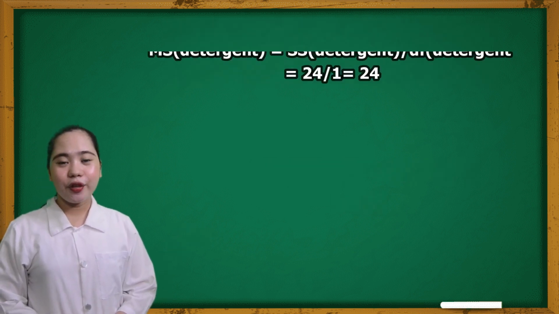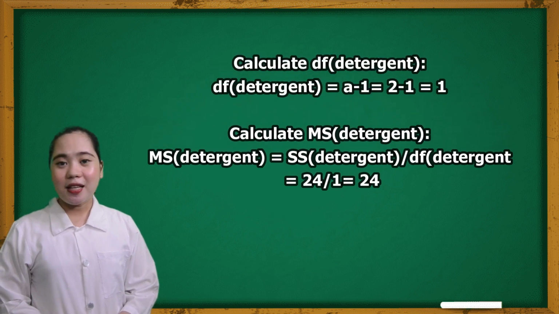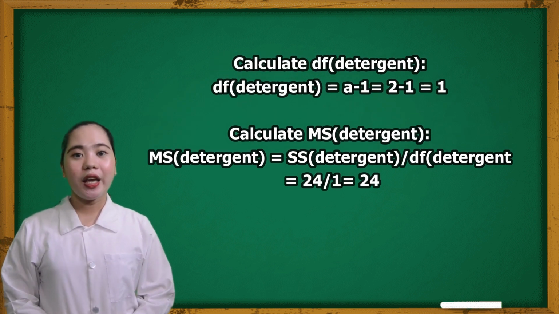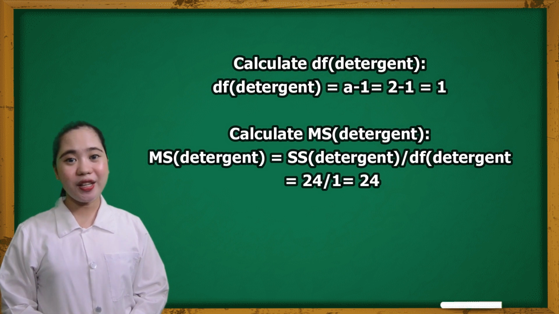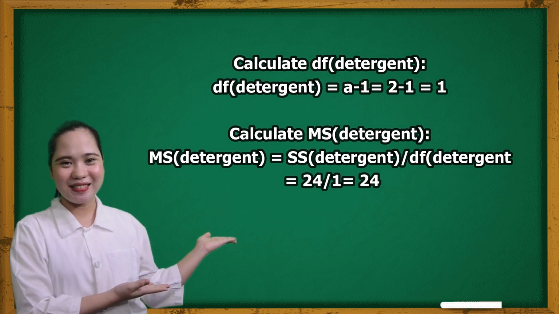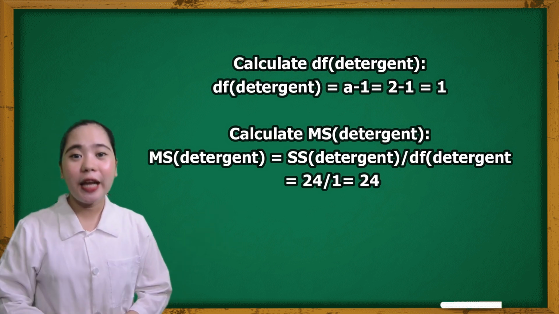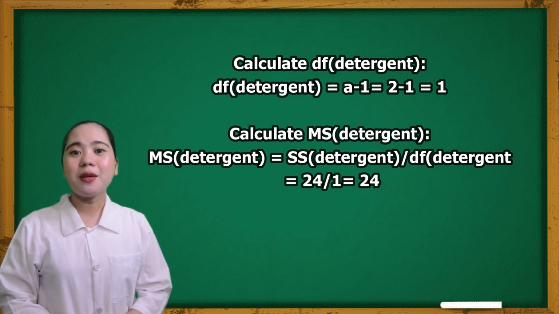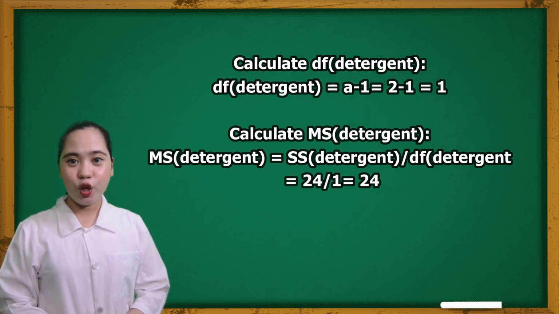Calculate the DF detergent. DF detergent is equal to A minus 1 equals 2 minus 1, and the answer is 1. Calculate the MS detergent. MS detergent is equal to SS detergent over DF detergent equals 24 divided by 1, and the answer is 24.